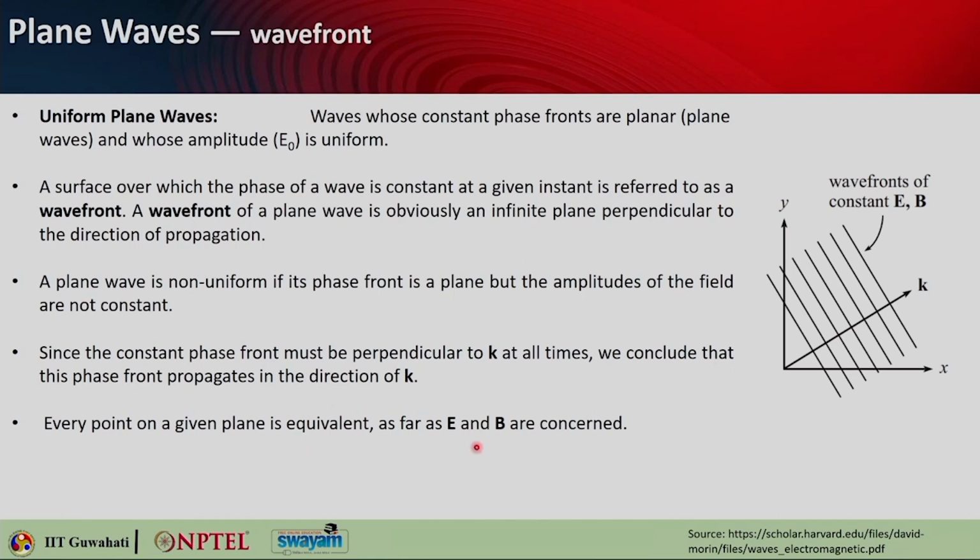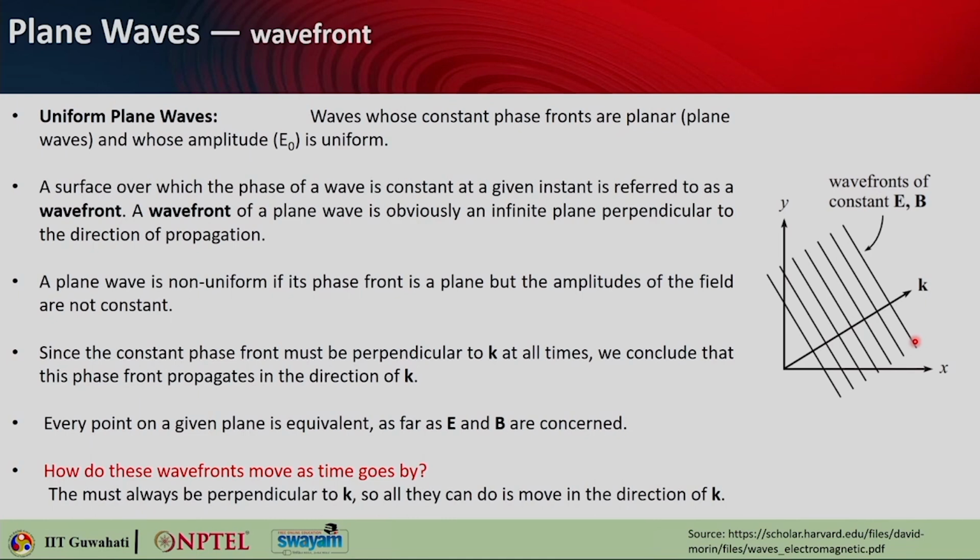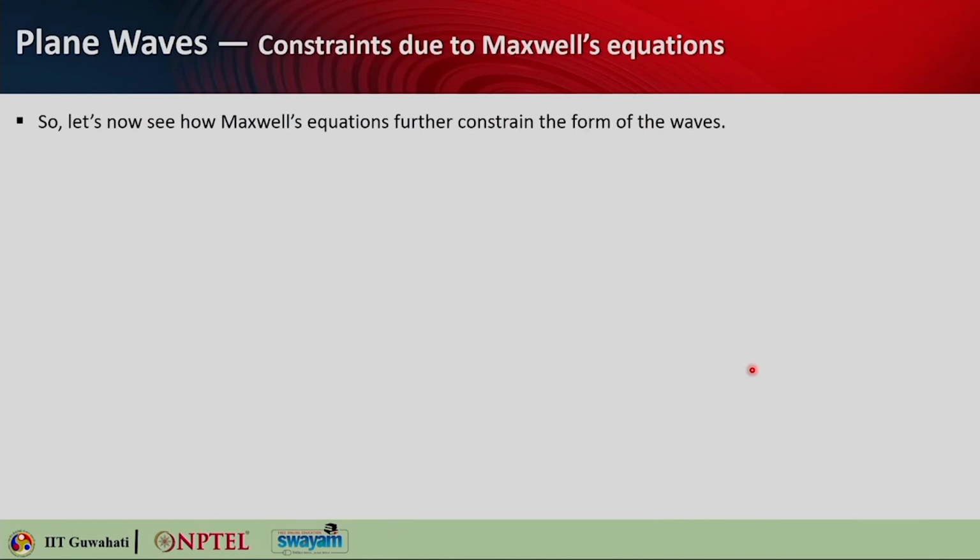So you can also say, as far as E and B are concerned, all these points are actually the same. The question comes, how do these wavefronts move as time goes on? The answer is, these wavefronts must always be perpendicular to the wave vector k, so they will have to move in the same direction as k. I hope that is clear.